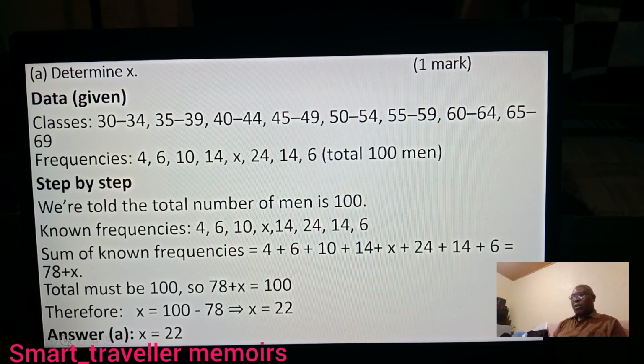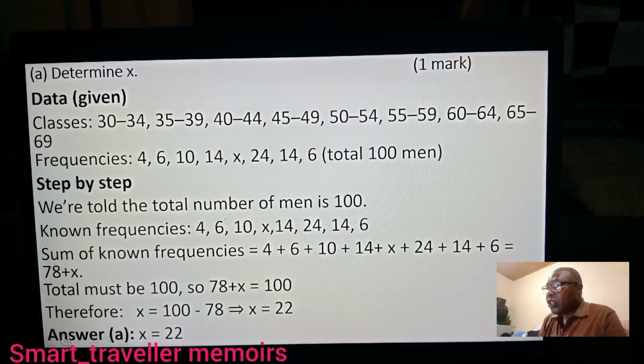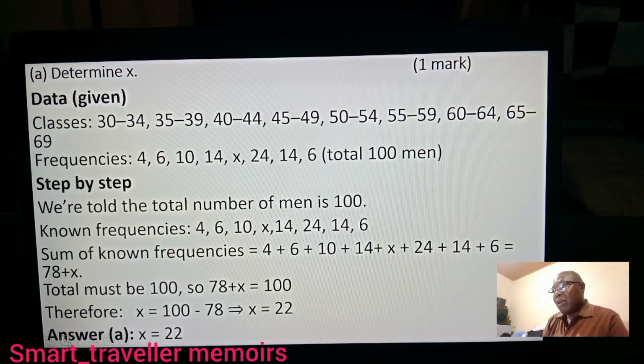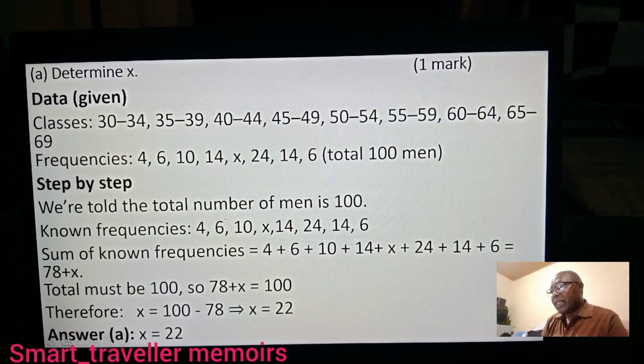So, going step by step, we are told the total number of men is 100. Known frequencies are 4, 6, 10, 14, X, 24, 14, and 6. So, the sum of known frequencies is 4 plus 6 plus 10 plus 14 plus X plus 24 plus 14 plus 6, which gives us 78 plus X. The total must be 100.